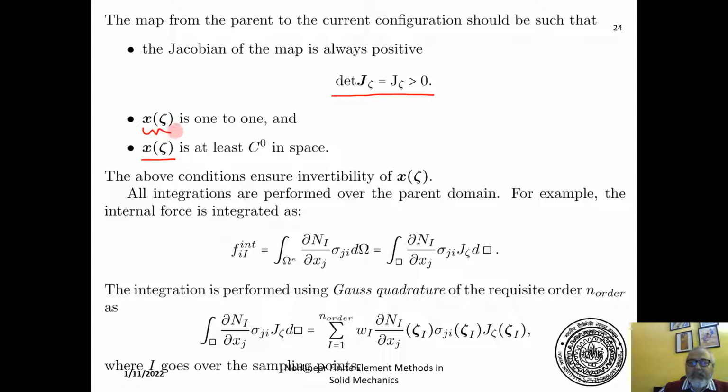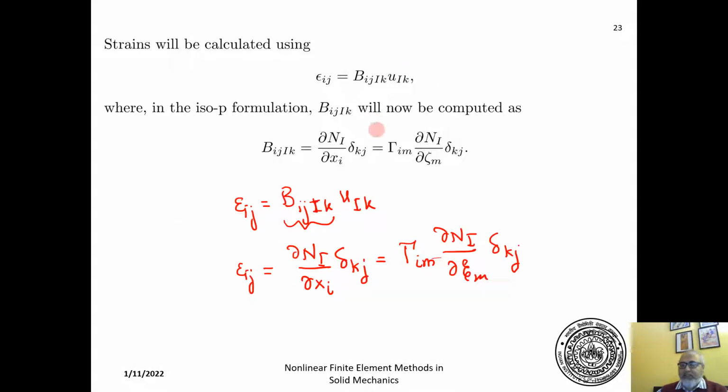So this is invertible, which means that an inverse of J zeta does exist, and if it does not exist, then we cannot do these operations, because these depend on the inverse, so we won't be able to do these operations properly. So it is essential for this formulation that this gamma exists, and J is invertible.